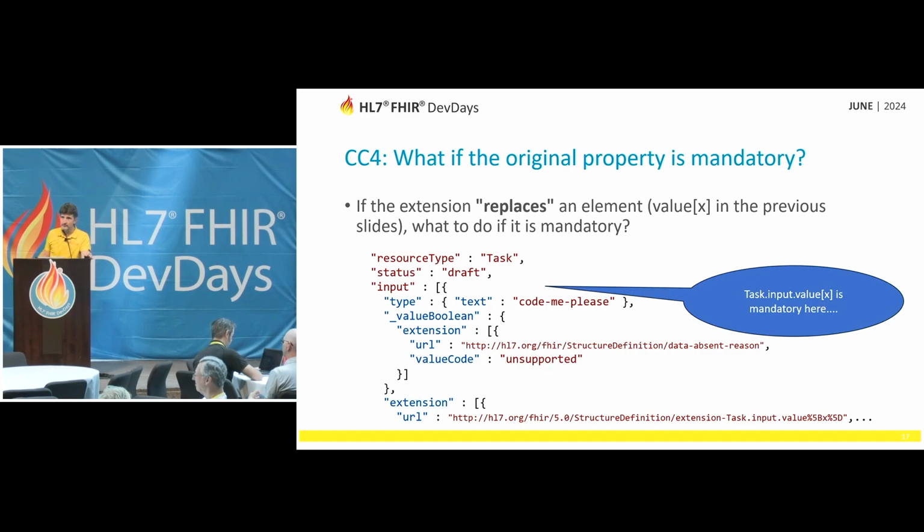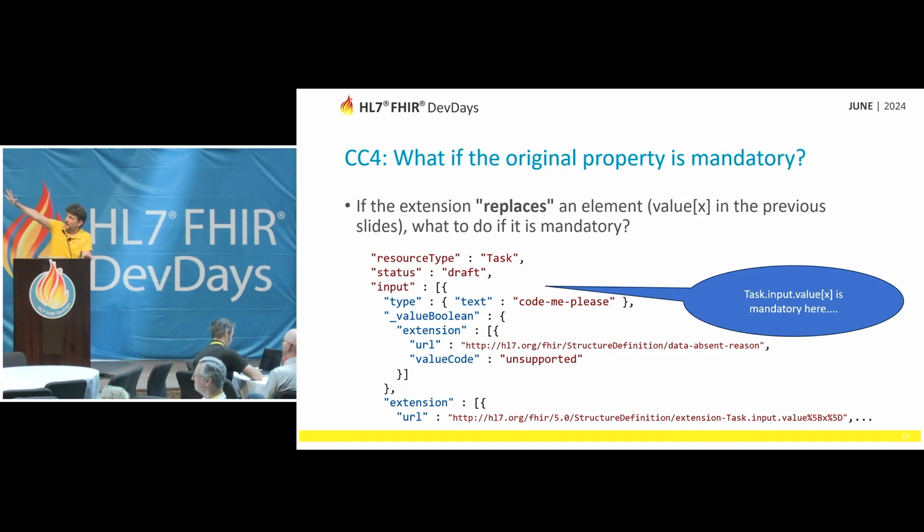So what we do, and I think this is one of the most ugly things we've invented, is, okay, just put it there. So put value there anyway, because it's mandatory. Choose any primitive type of your choice, value Boolean, and then put a data absent reason on it. So okay, we've dealt with the mandatory part. Value code unsupported, that's the thing you should use, so we can recognize it.